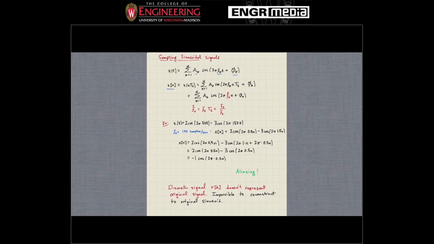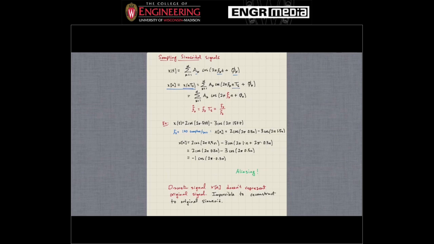So how do we do that? Remember this equation: x[n] is equal to x(nT_s). In the second term here, everywhere we see t, we replace that with n times T_s, and that's exactly what we did in this equation to the right.